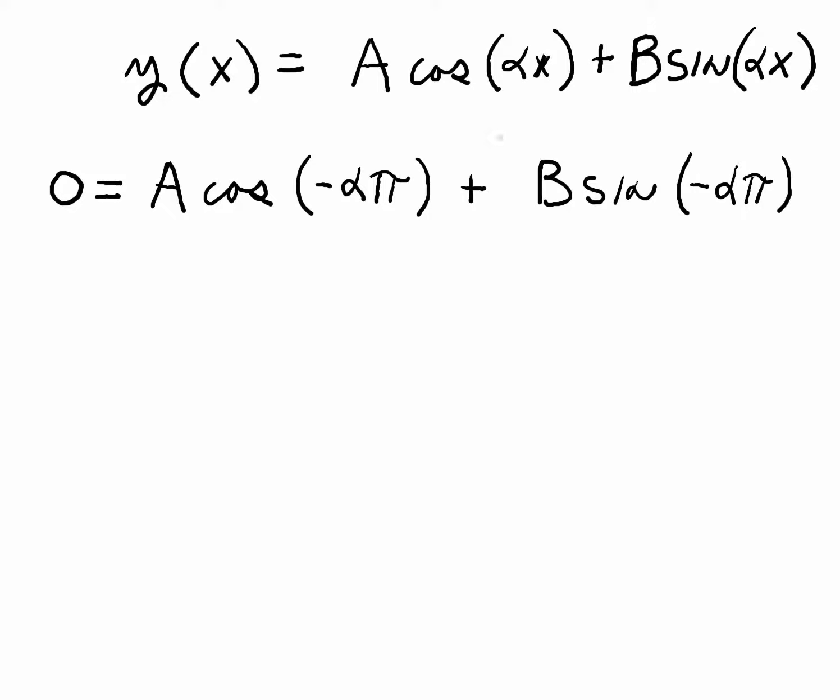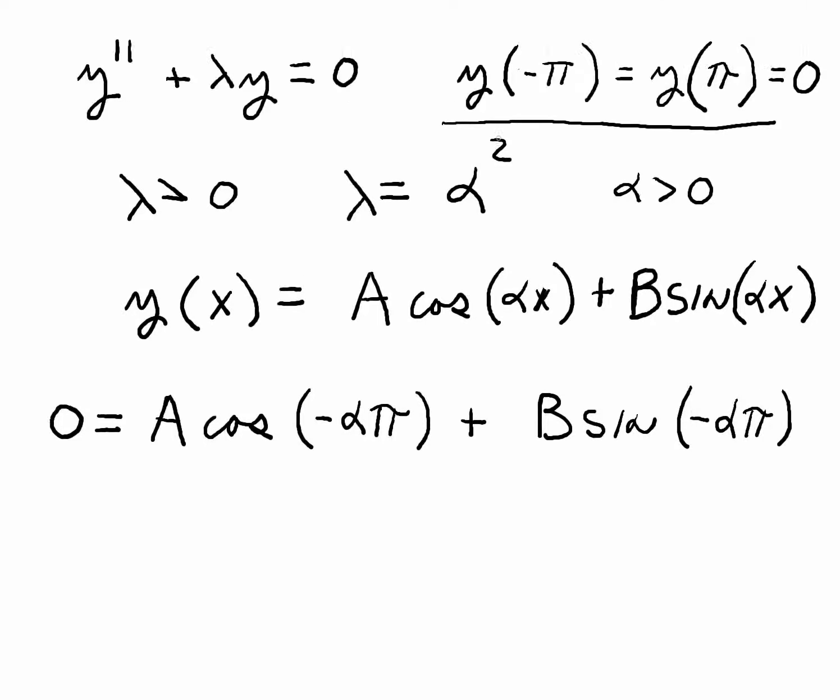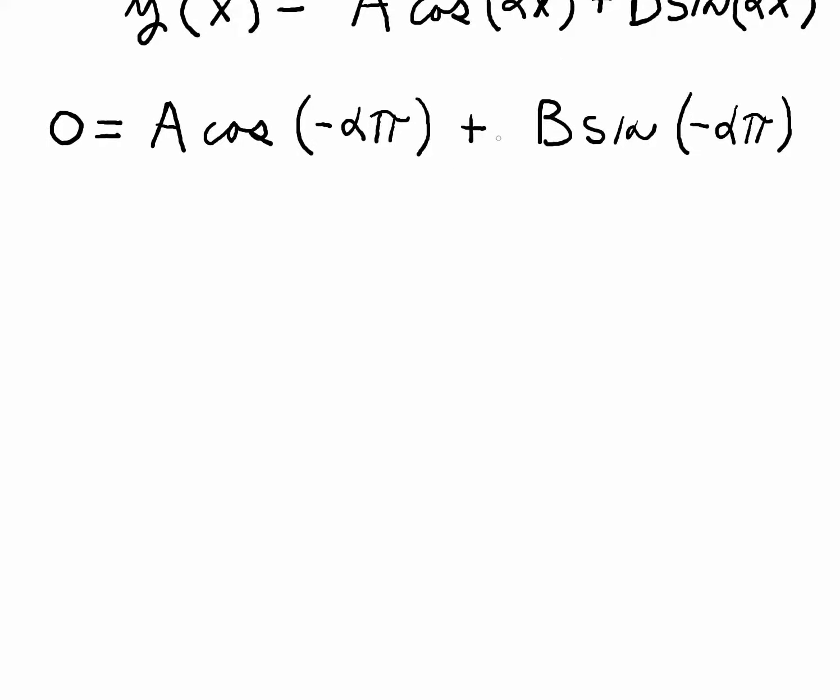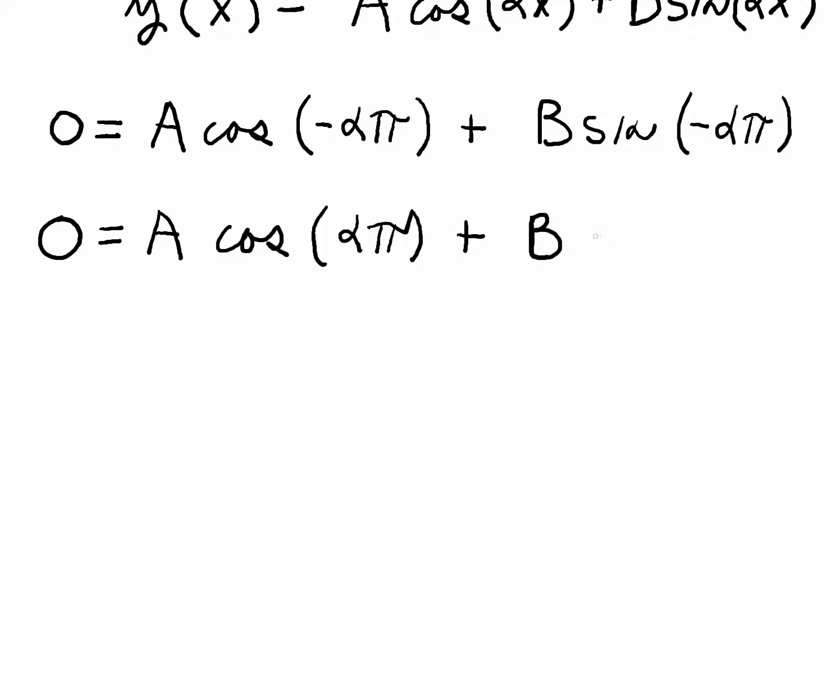And if I plug in the other condition, that y at pi is 0, then I get another equation, 0 equal to the same thing, except I evaluate at pi: a cosine alpha pi plus b sine of alpha pi.